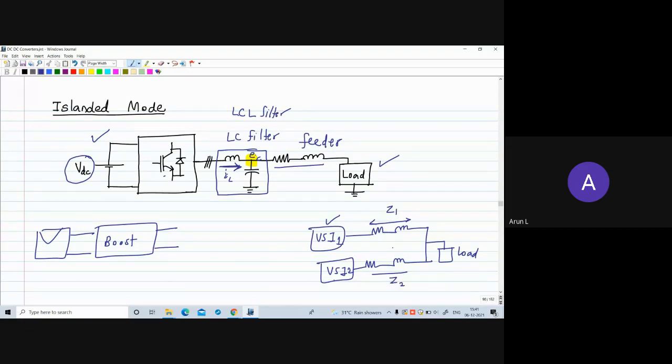So when the feeder impedances are different, there will be a huge difference between the reactive powers shared by VSI1 and VSI2. So reactive power sharing in an islanded microgrid is a problem. It's a challenging problem. So there are many papers available in that area.